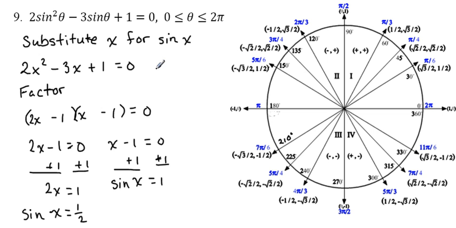So let's write that here. X is equal to 30 degrees, and x is also equal to 150 degrees. As far as sine x equals 1, there's only one place on the unit circle where we can get a y value of 1, and that will be at 90 degrees. So our three solutions are 30 degrees, 150 degrees, and 90 degrees.